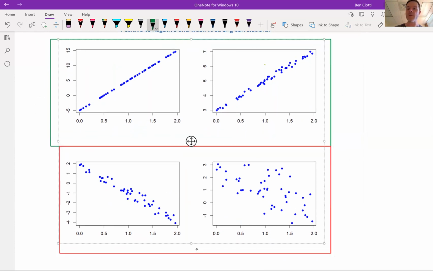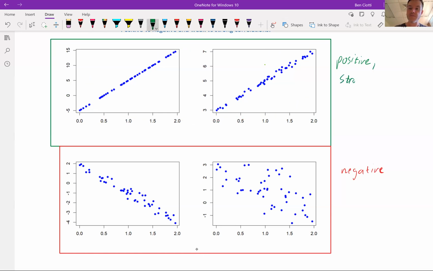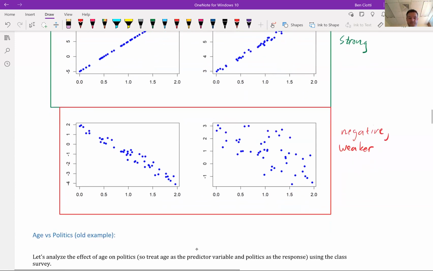So at top, we have positive correlations. And on the bottom, we have negative correlations. Also, the ones on the top are pretty strong. So I'm going to say those are strong. And the ones on the bottom, they're not as strong. So they're a little bit weaker. You can see the strength of the correlation is how close the data is to lying on a straight line.